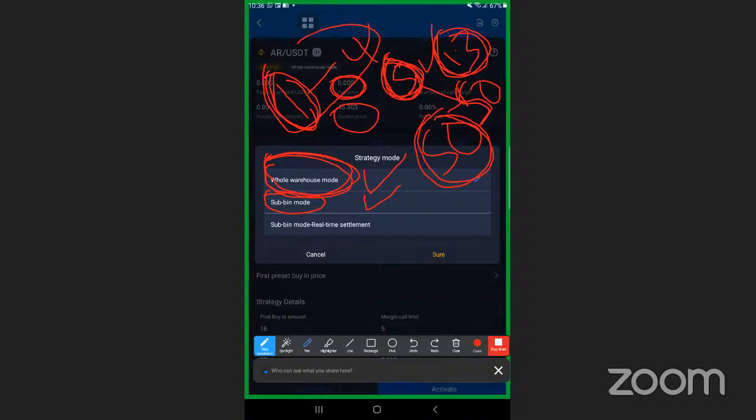Are we together? For you to maximize profit under sub-bin mode, you have to make sure it is activated before the robot buys margin call number 5.